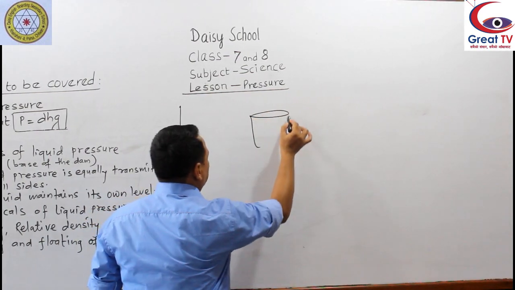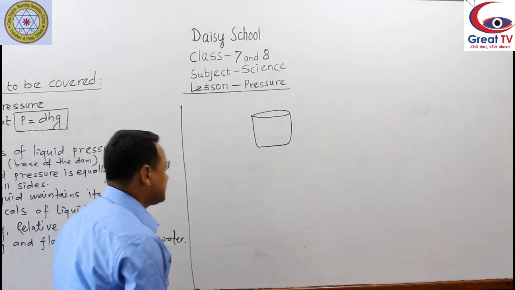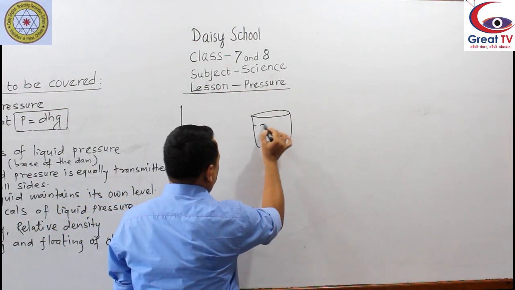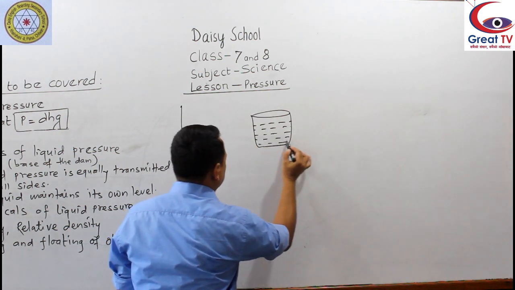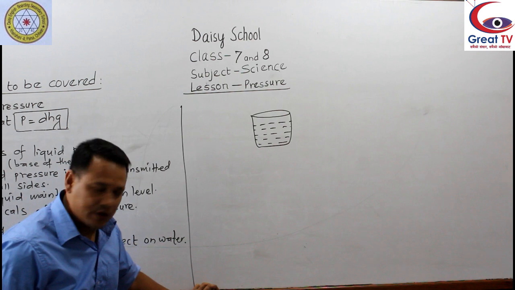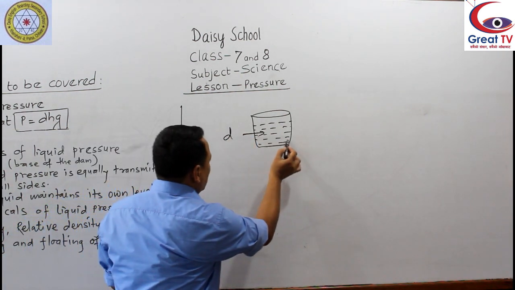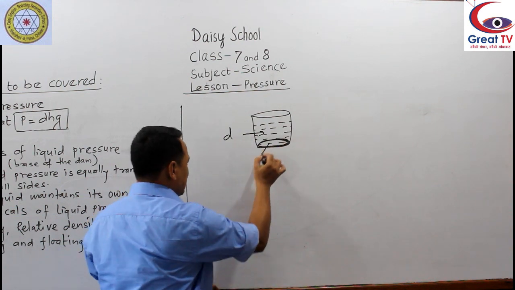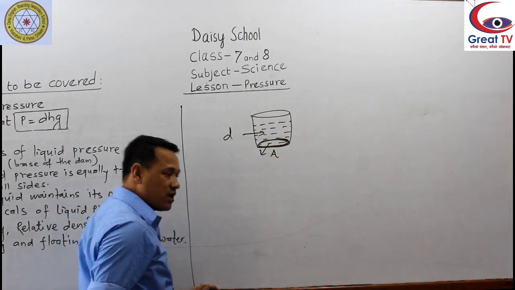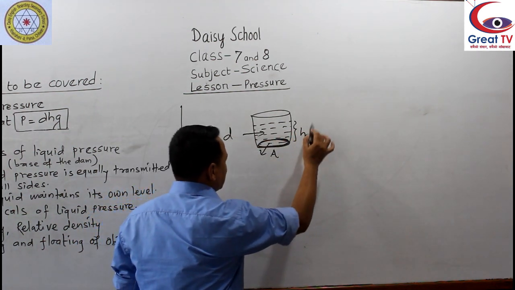It's a vessel, let's say a beaker. Here we have kept a certain liquid having density d. The cross-sectional area of the bottom surface is A. The height of the liquid is h.